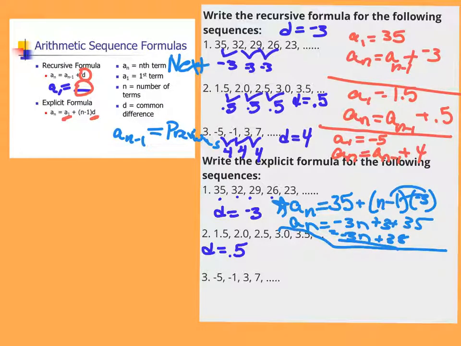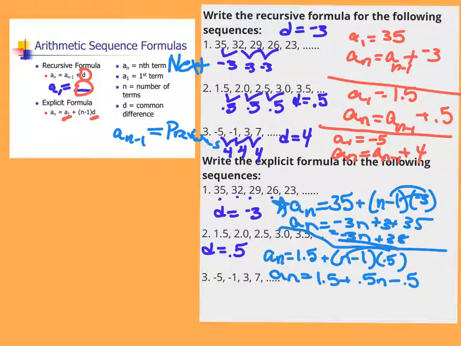So I can say that a sub n, the next term, is equal to the first, in this case it's 1.5, plus n minus 1 times the d value, and in this case that d value is 0.5. So if we were to simplify that, we would get a sub n is equal to 1.5 plus, distributing this through will give us 0.5n, and then minus 0.5.